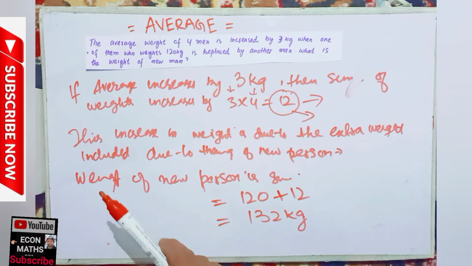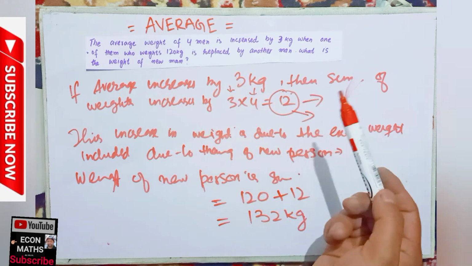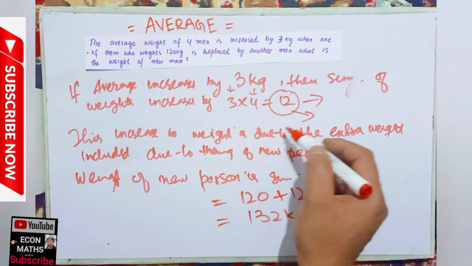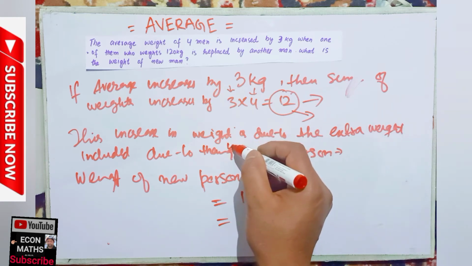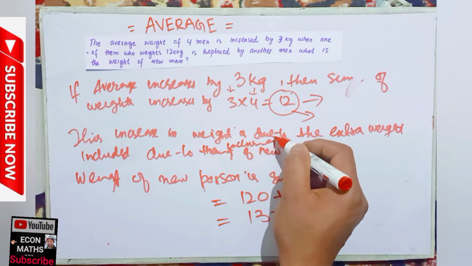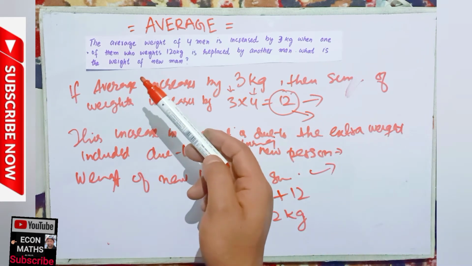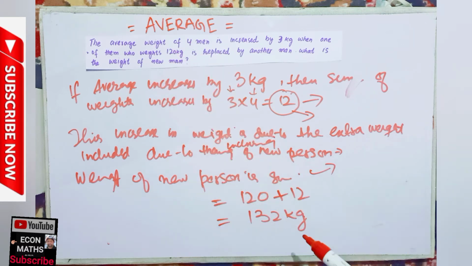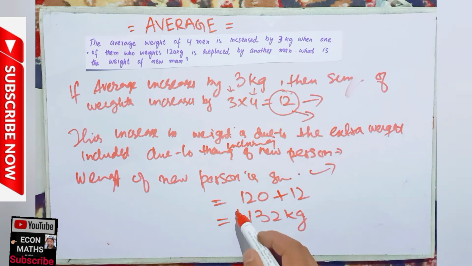Now this increase in weight is due to the inclusion of the new person. Therefore, the weight of the new person is simply the man who was replaced plus the increased weight, that was 12. So that will be equal to 132.